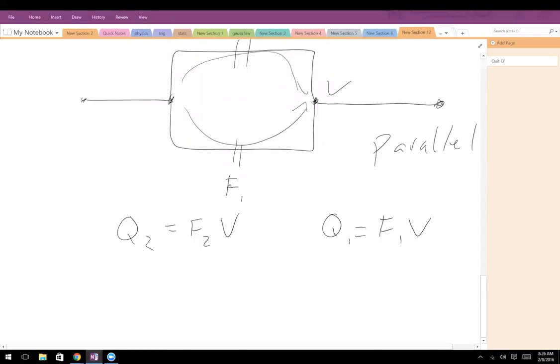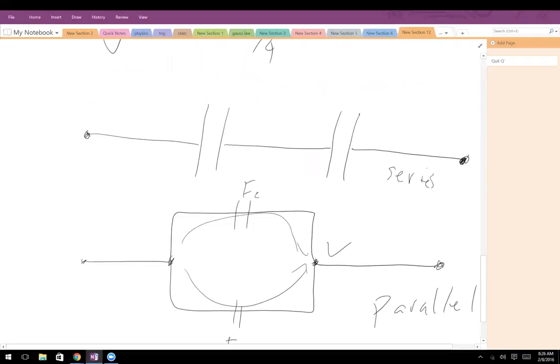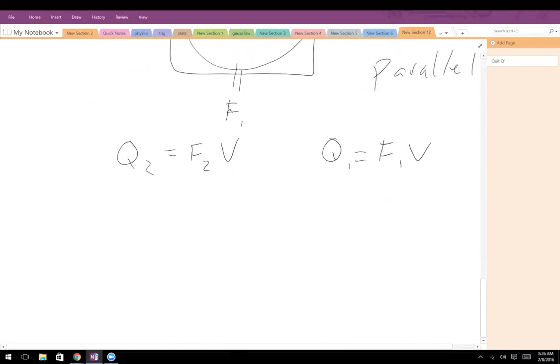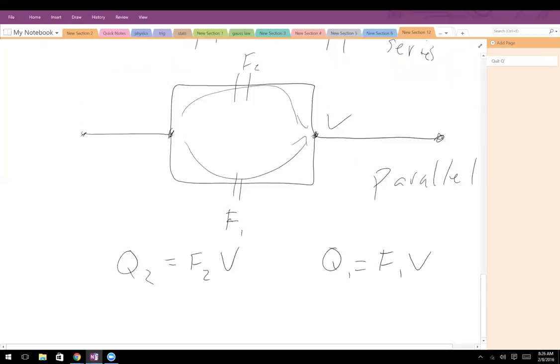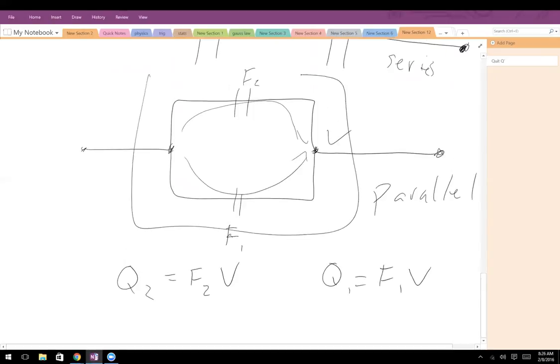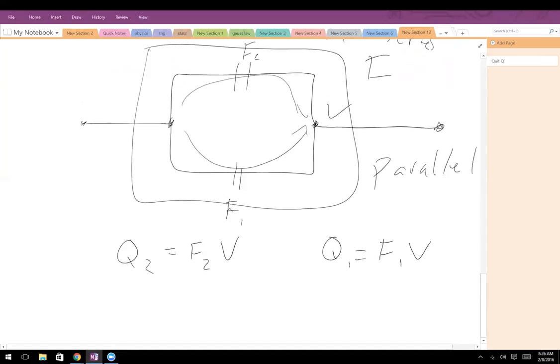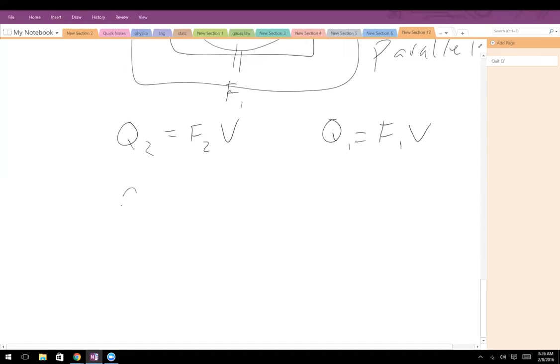Again, what's the same is the potential difference either way. When we do the series one, the charges will be the same. But okay, if I think about this as one huge capacitor, if I want to replace this diagram by pretending this entire box is just one big capacitor with capacitance F, how much charge is it holding? It's holding Q1 plus Q2.